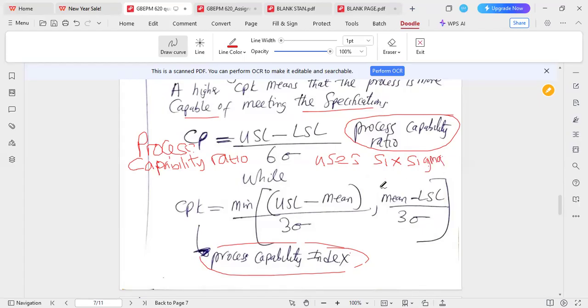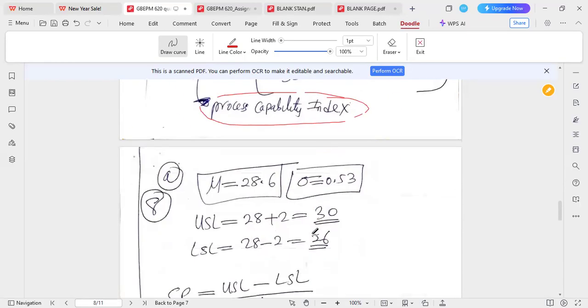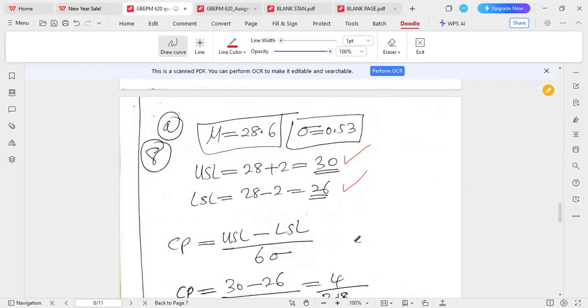So this is what goes on. Finding, the upper specification limit is 30, lower specification is 26.